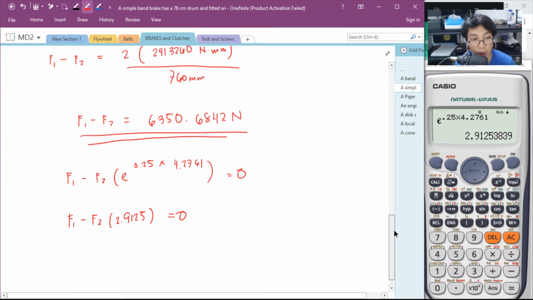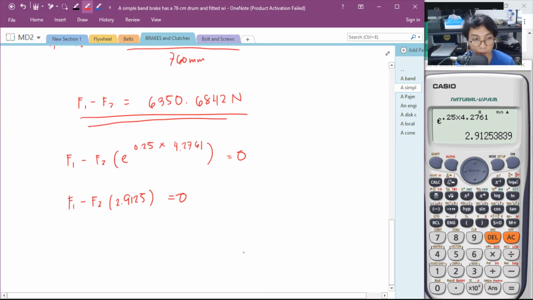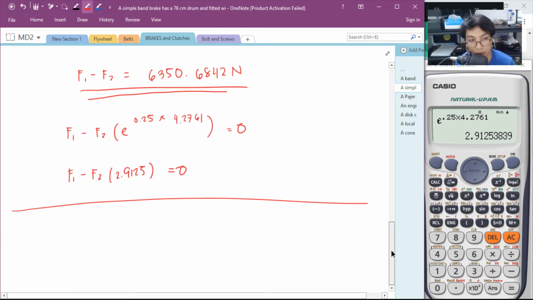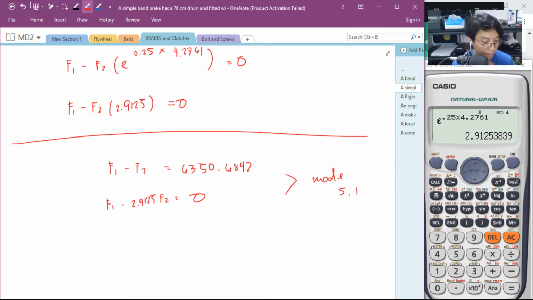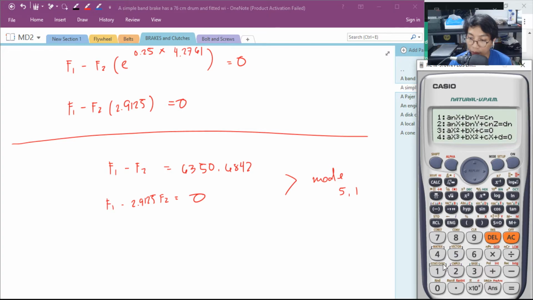Ngayon, two equations, two unknowns, hanapin natin si F1. So, reform natin dito. F1 minus F2 equal to 6350.6842. Tapos, F1 minus 2.9125 F2 equal to 0. Okay? Mode 5, 1. Hanapin natin. Para hindi na kayo magka-cancellation.